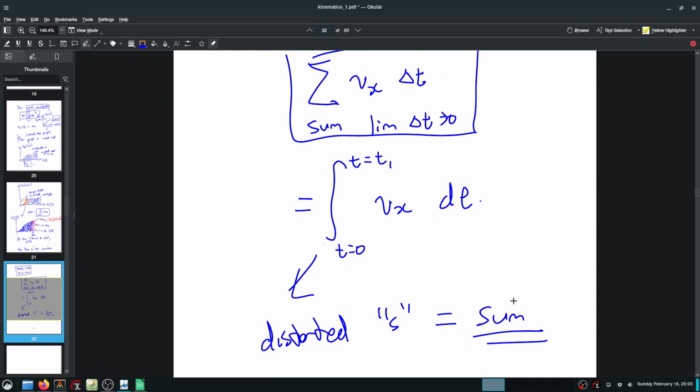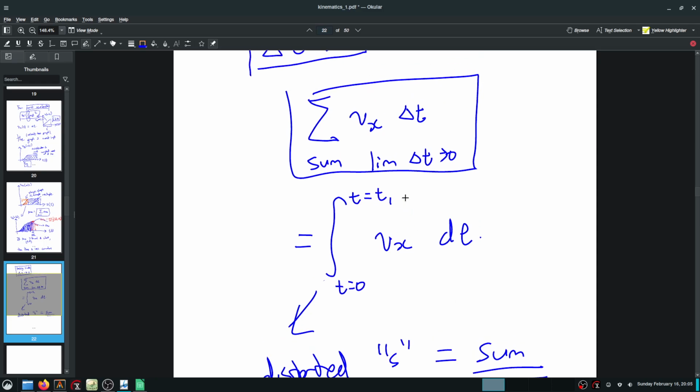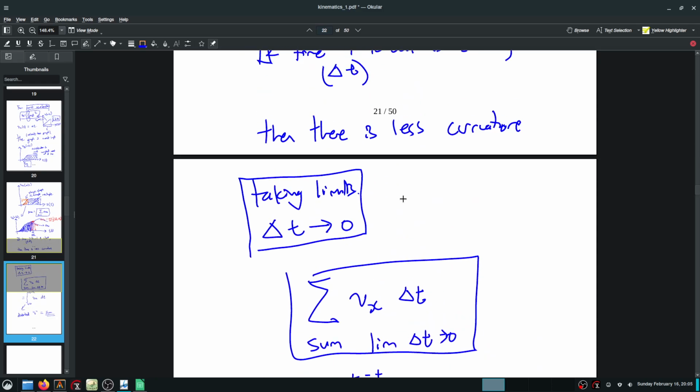Integration and differentiation are central to kinematics, but you may or may not run into the exact math of them. For this case, integration is important because you are calculating the area under the graph. I just want you to get this idea that finding the area under the graph is very important.